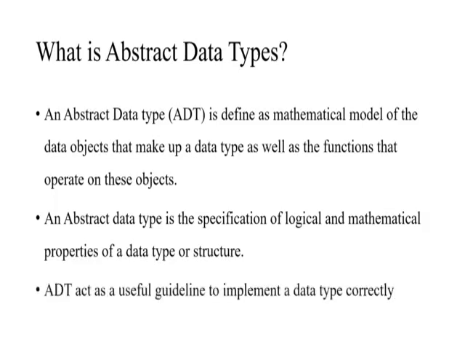Abstract data types act as a useful guideline to implement a data type correctly. The specification of an entity does not imply any implementation. The most important point is that the specification of an entity does not imply any implementation consideration. The implementation of an entity involves the translation of the ADT specification into the syntax of a particular programming language.